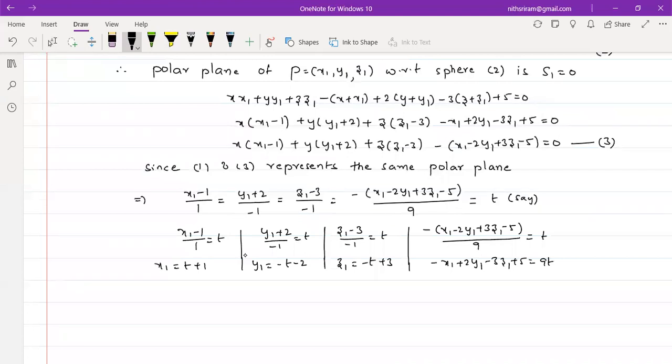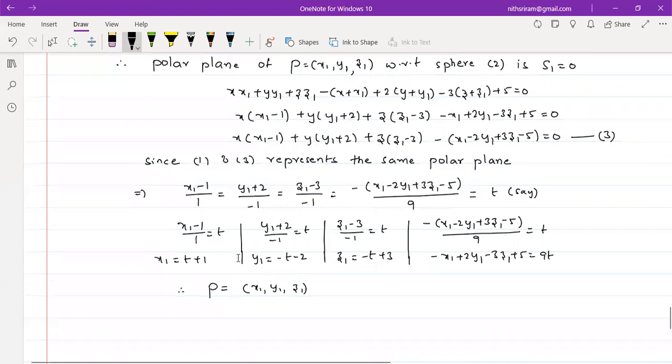So these are all the terms we have. Therefore the point P is (x1, y1, z1), but we have to find the value of t also. It means we have to substitute the values of x1, y1, z1 in the 9t expression.